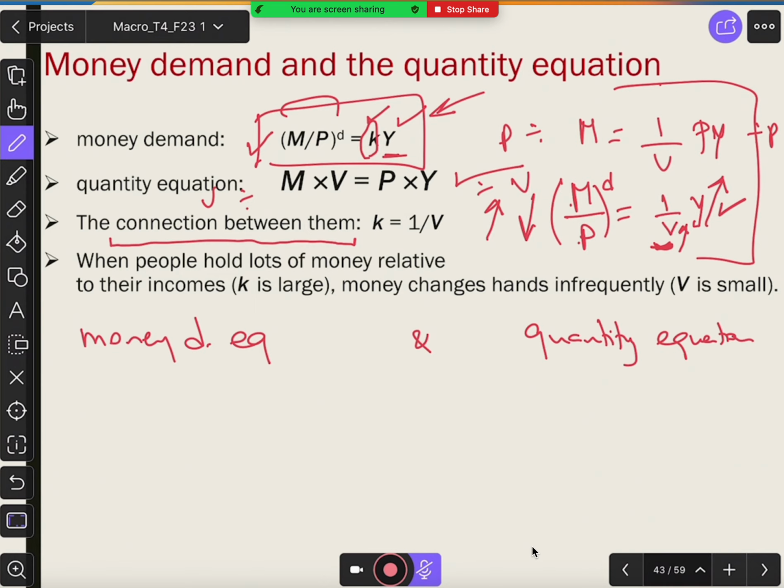If we think about the money demand equation, M over P with this little d, which is equal to a certain fraction of the nominal GDP, and I divide both sides by y, this gives you M over P, little d, the whole thing divided by y, and it's equal to k.